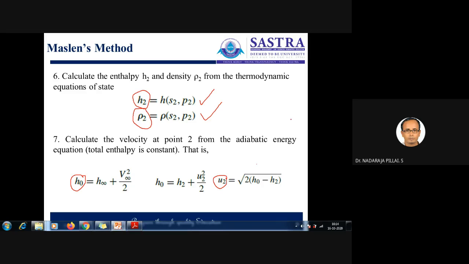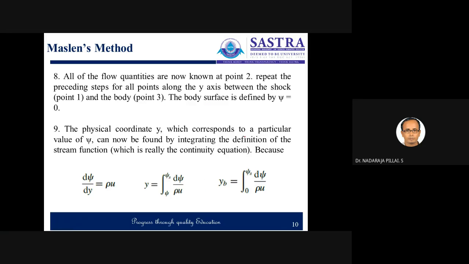So now all the flow quantities are known at point 2, right? If we repeat the preceding steps for all the points along the y-axis, that is between the shock at point 1 and the body at point 3 where psi is equal to 0.